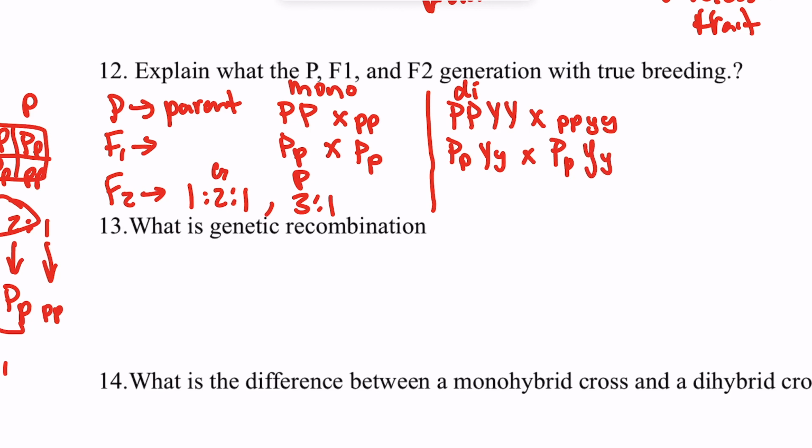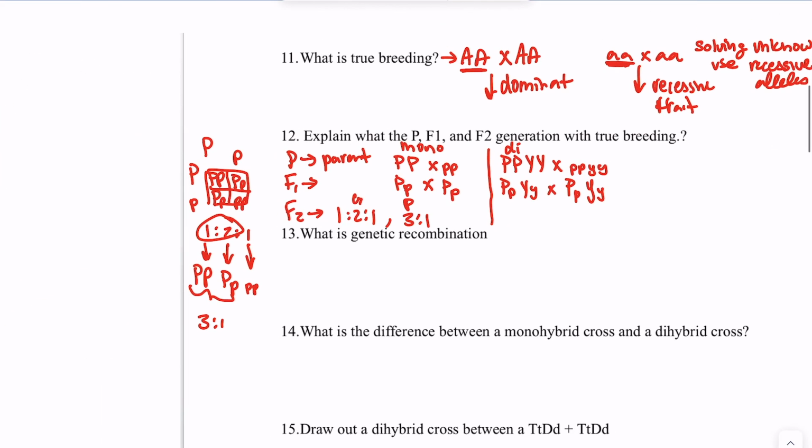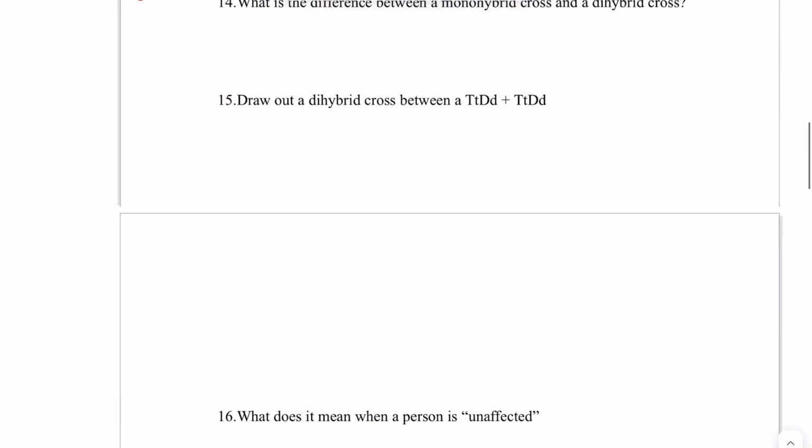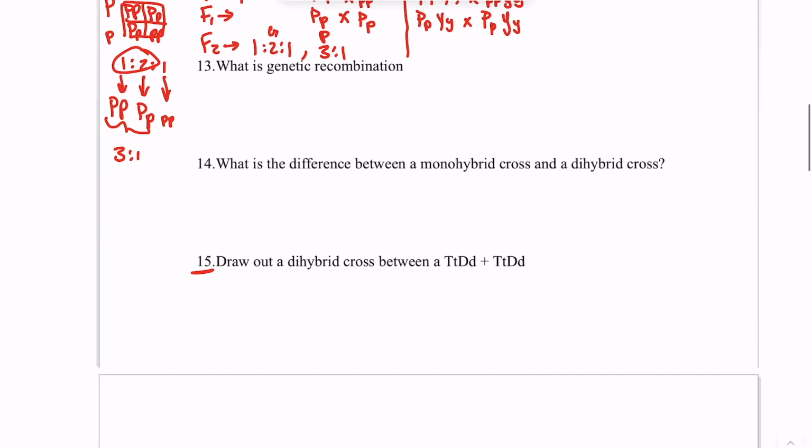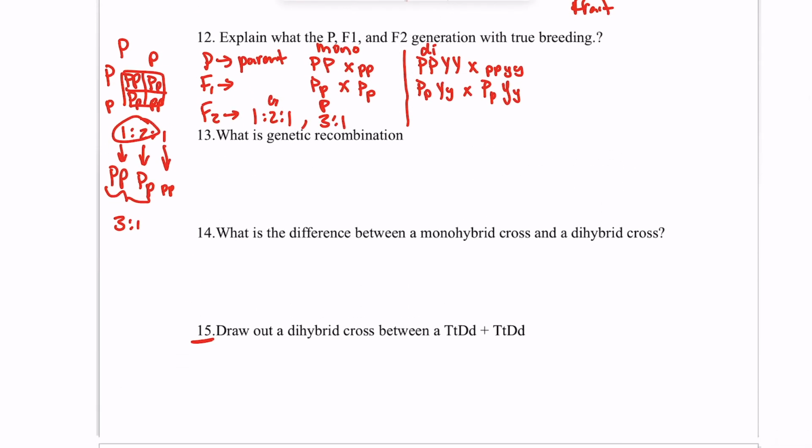Right, and then F2 is going to be our ratios. I won't draw that one out until we get to number 15, because I'll show you there. But trust me right now, this will create a 9:3:3:1 ratio. And these ratios you need to memorize. This is highly testable, super important.